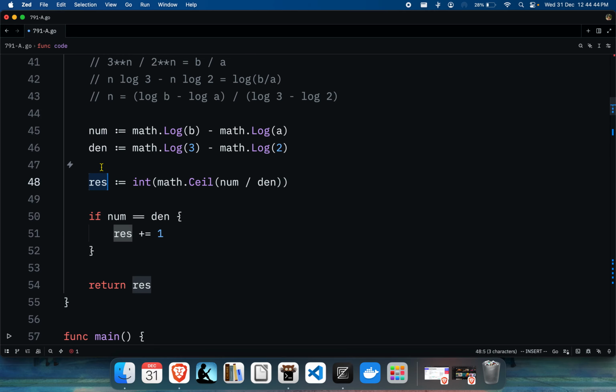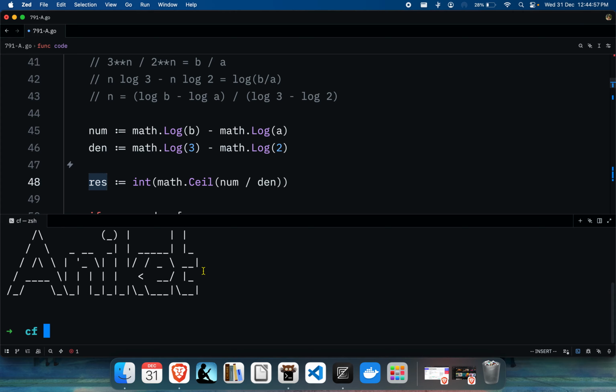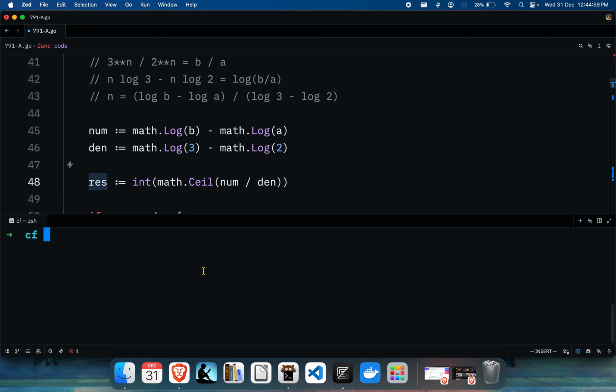But there can be a case where the numerator and denominator are equal. Let's see, in a case where we have weights as 2 and 3.